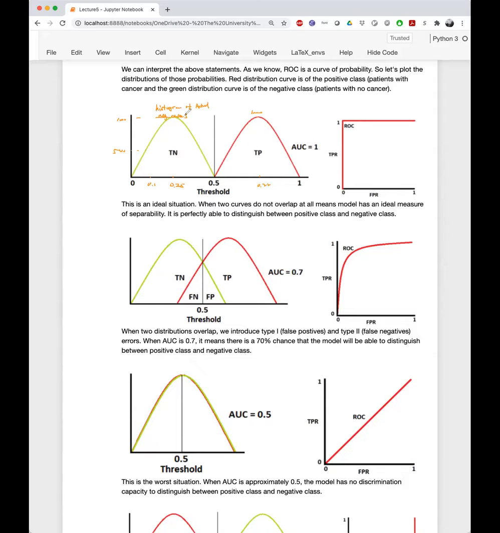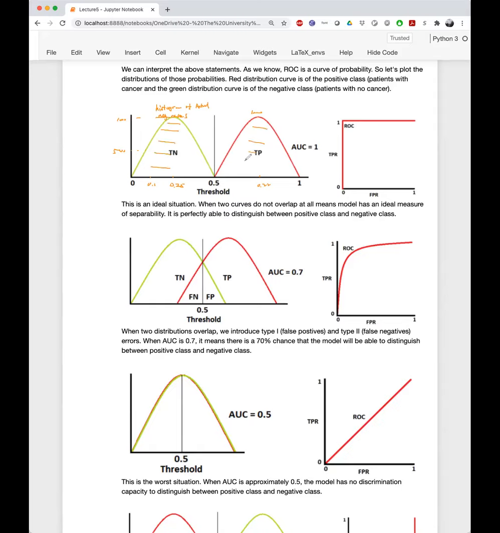And if we normalize it, this can be viewed as the density of the true negative cases. This can be viewed as the density for the true positive cases, or the distribution of negative cases and positive cases. And here we can think about the area.